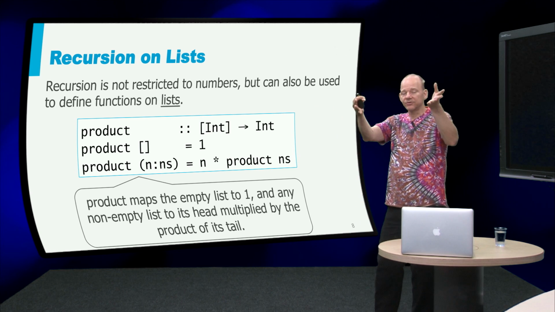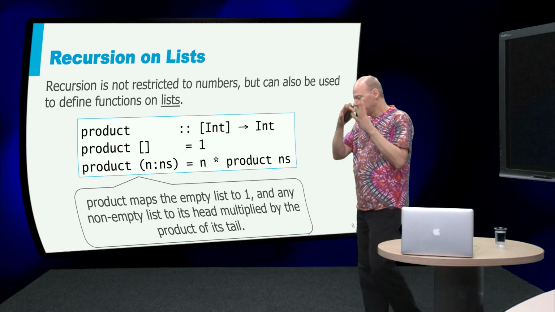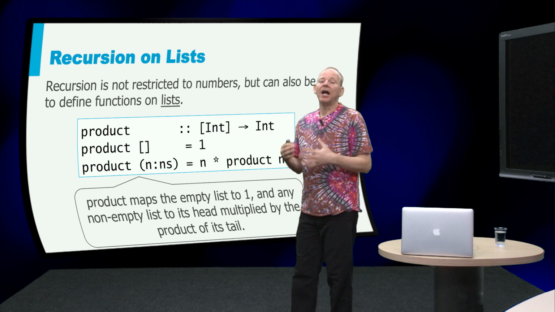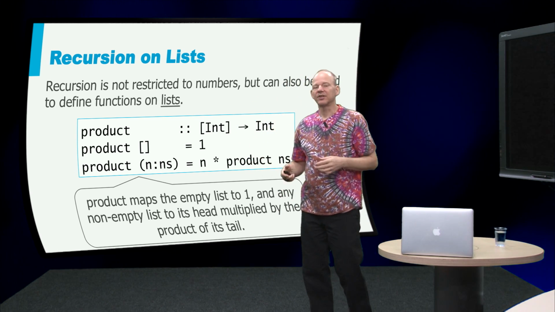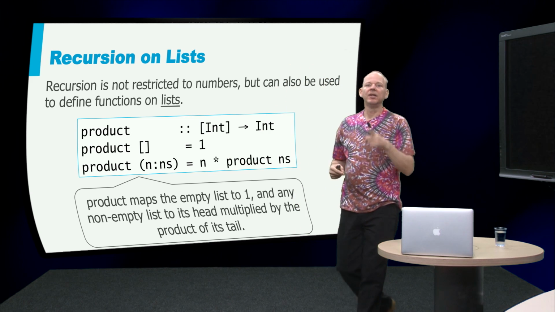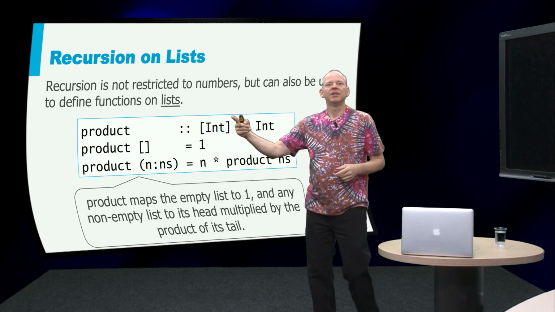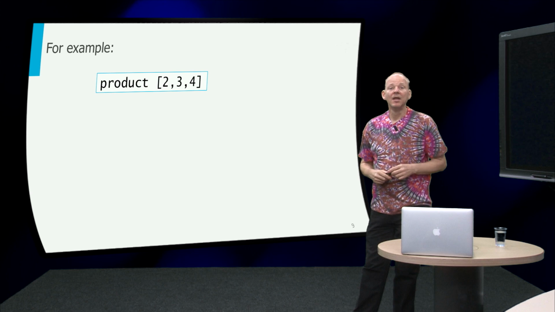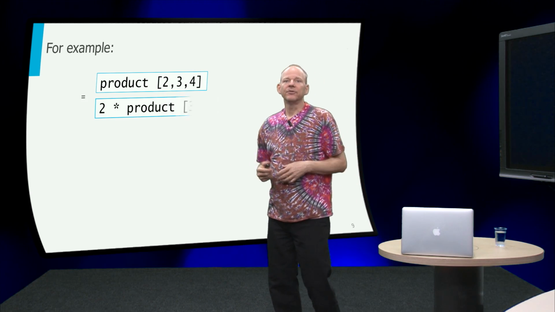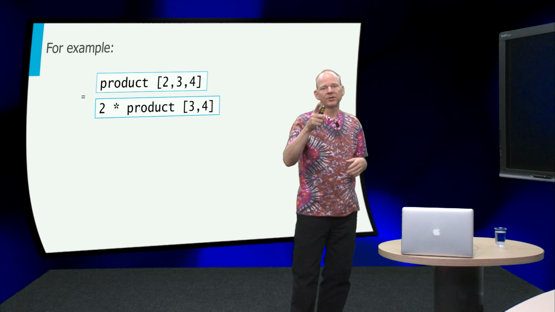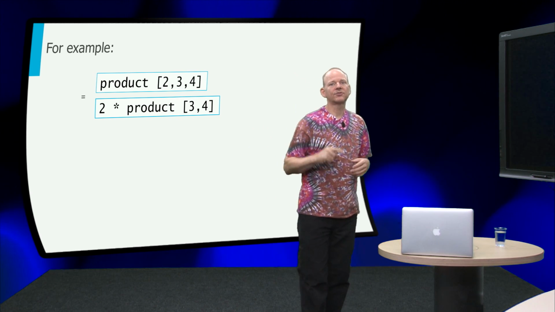And of course, as we will see, we can take this function and abstract the pattern into a higher order function that just does the recursion, and then we can plug in the times and the 1. But if we execute this product, we unfold the definition. So it's like 2 cons 3, 4.